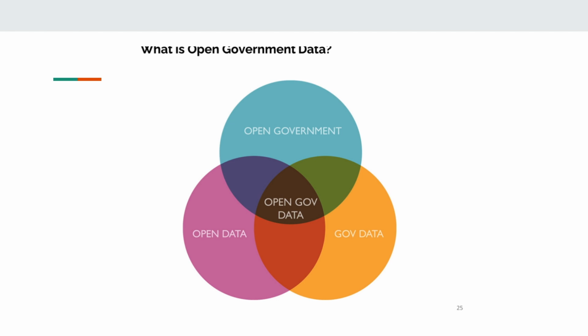Examples of some of open government data could include public finance data that showcases government budgets, expenditure, tenders as well. It could also include health data that showcases disease outbreak information or health service delivery data, of course, without showcasing personal data.